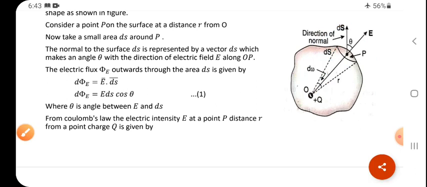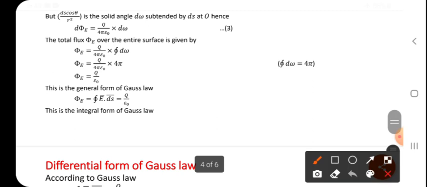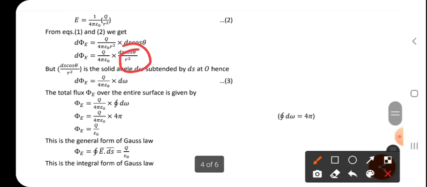Clear? Now see, in the place of ds cos theta by r square, d omega is substituted. Now, to know the total flux, you must integrate on both sides.